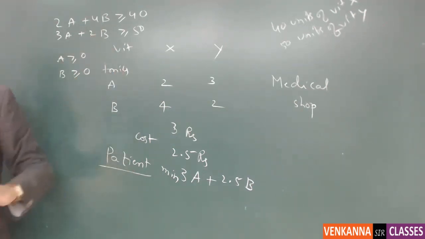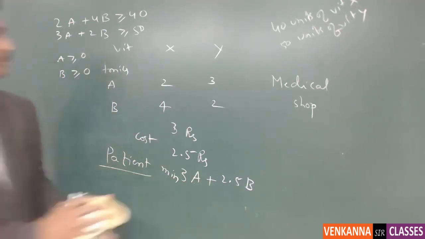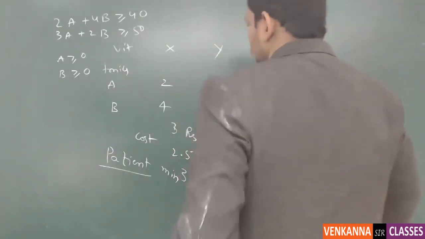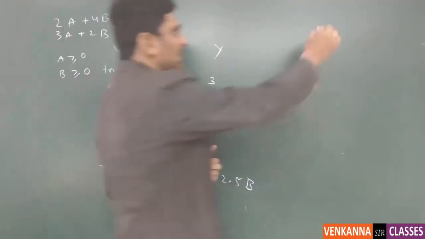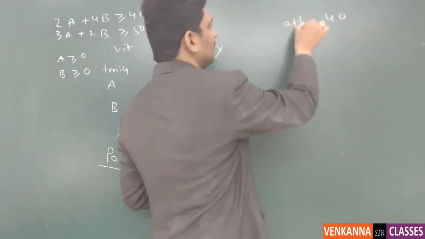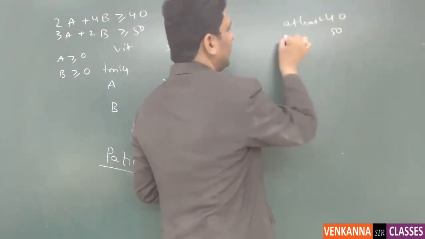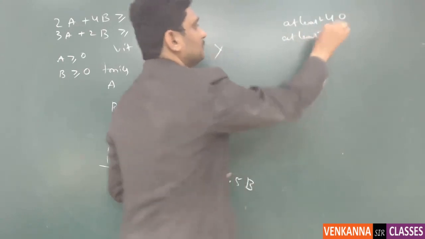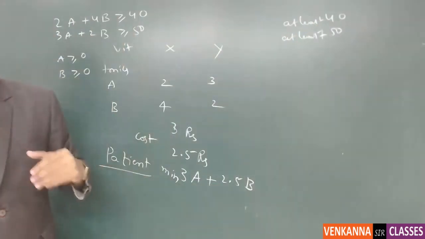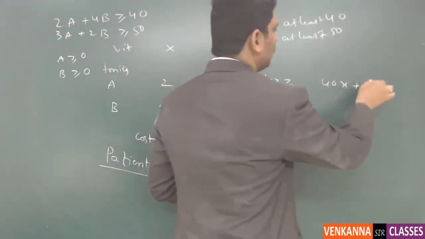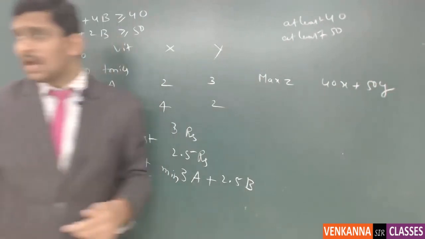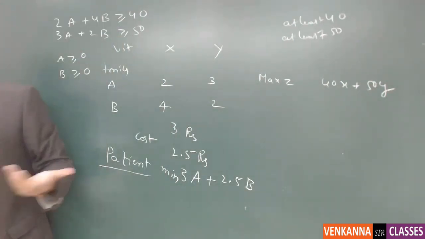Now I am going to the perspective of the shopkeeper. So what do I have to do? I have to maximize my profit or maximize my sales. The doctor advised that at least 40 units and at least 50 units you should take. So maximize the number of units, say 40x plus 50y, or you can use other symbols, say 40p plus 50q.